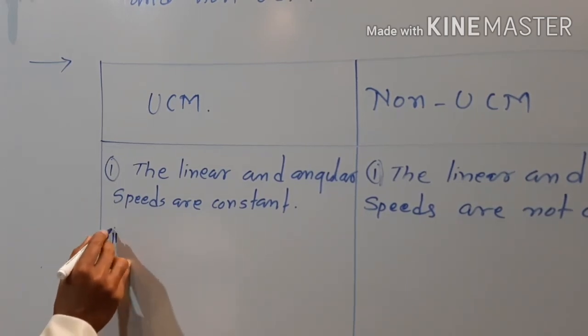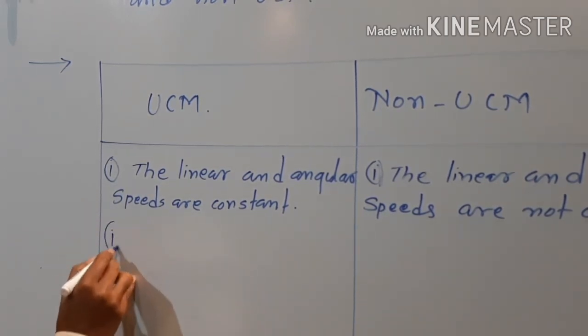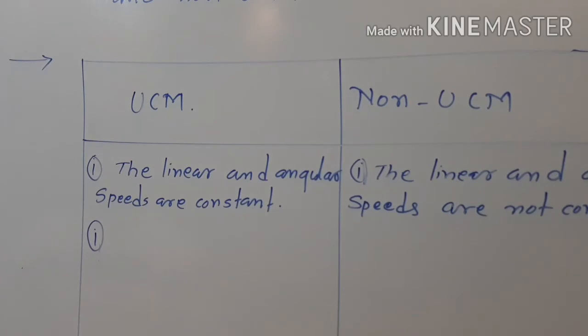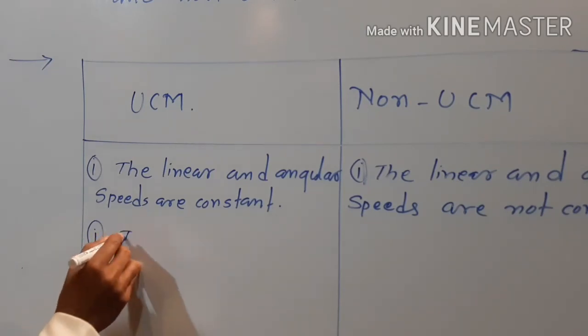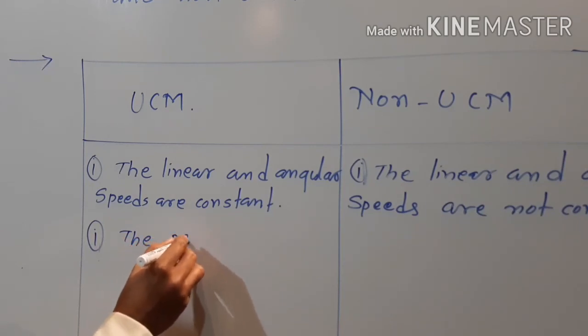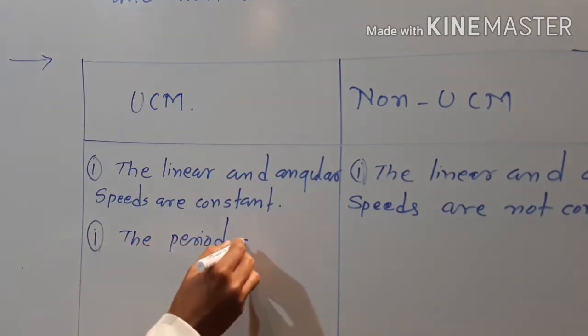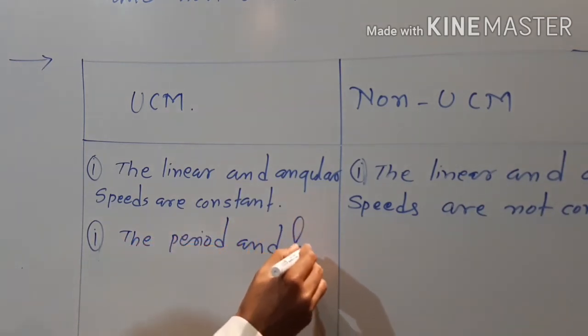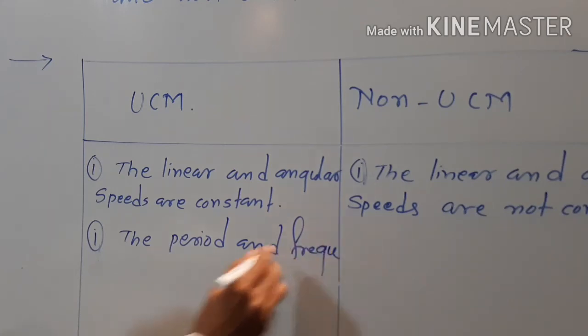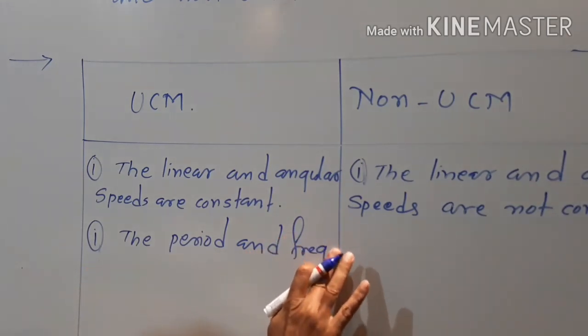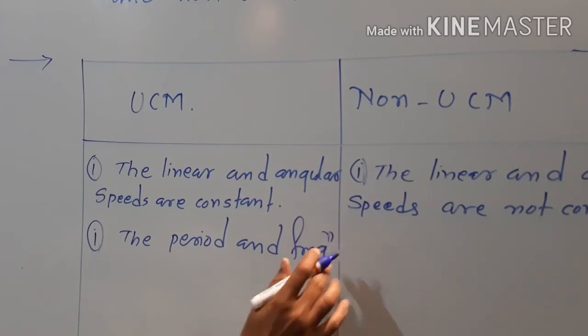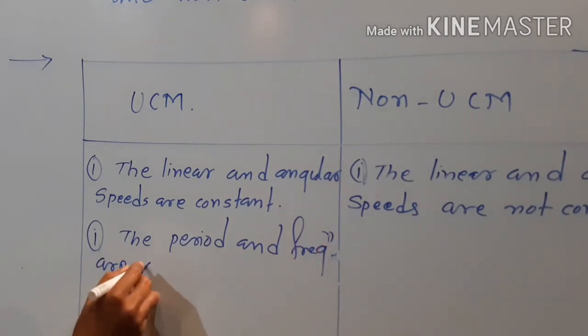In UCM, the period and frequency are constant. Write down in short: the period and frequency are constant.